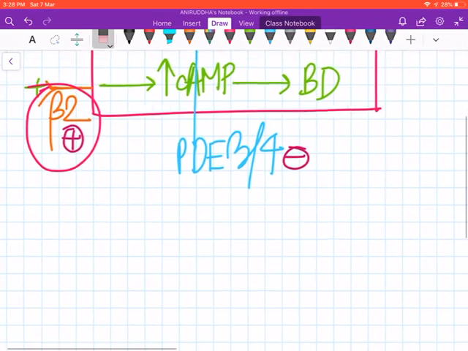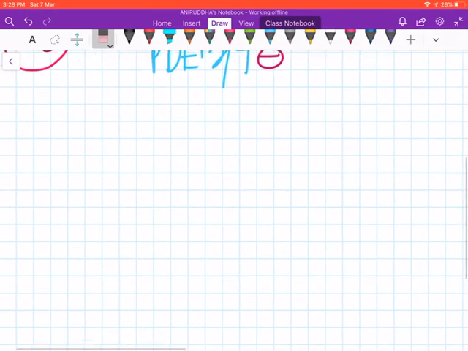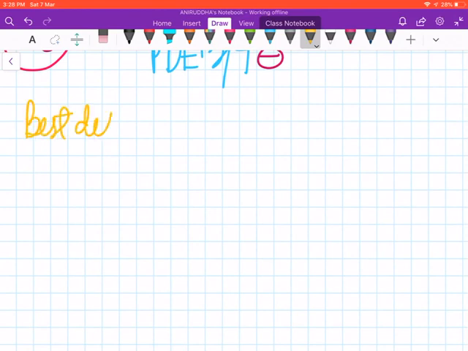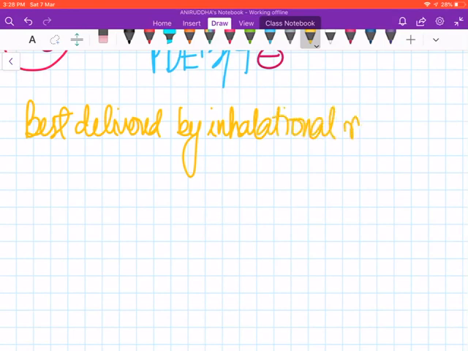The first thing that you need to remember about the beta 2 agonists is that they are best delivered by the inhalational route. The question is why? Well, you can make a reasonable guess.